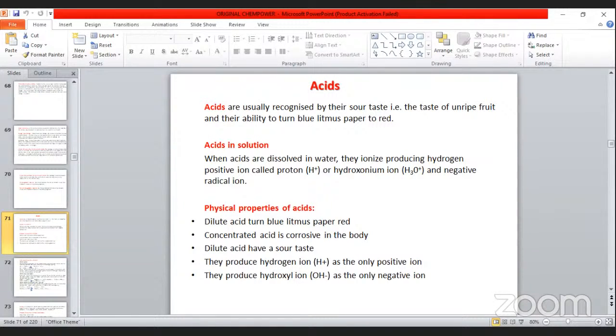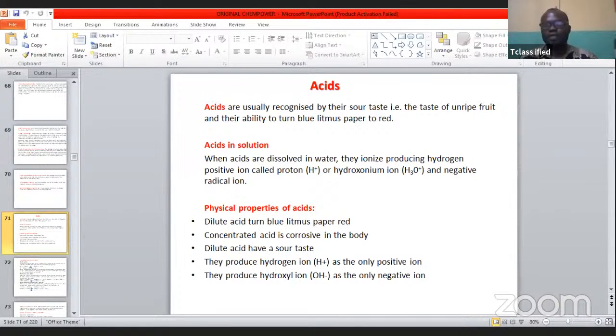Okay, so let's quickly look at what acids are so that we can relate them to our pH calculations. Acids, we normally recognize them with their sour taste. They typically taste like unripe fruits, and they have the ability to turn blue litmus red.